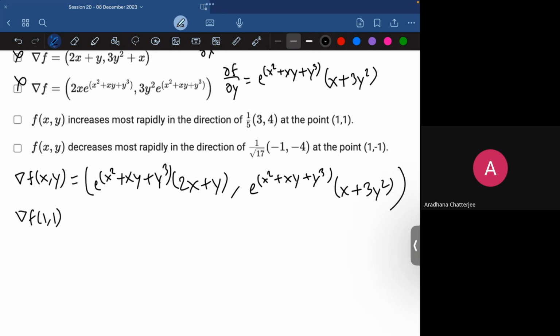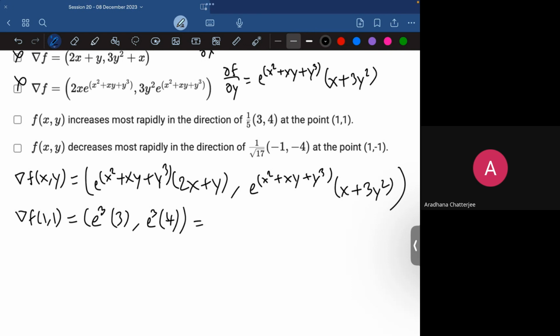That is going to be a vector. We'll just put in 1 for x and 1 for y. So e raised to 1 square plus 1 plus 1, basically e raised to 3, is the first element, times 2 into 1 plus 1, which is 3. And here the same thing, e cube is going to stay put, and then we have 1 plus 3 times 1 square, that is 4.